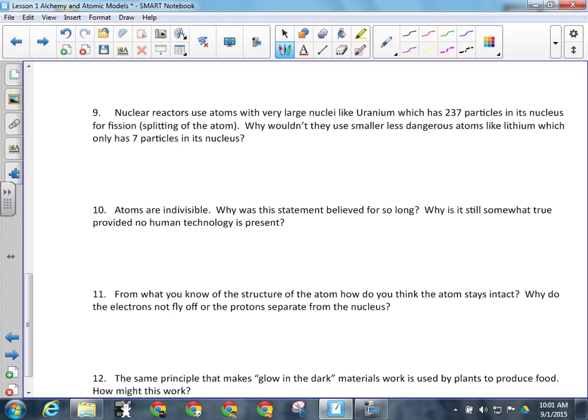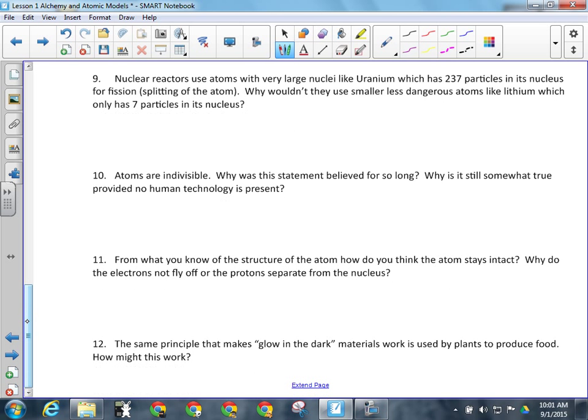All right. Number 10, atoms are indivisible. We already talked about this. We know that statement's not entirely true given proper human technology, because we can shoot small particles at atoms and cause them to split if we're using the right atoms. All right, number 11, from what you know of the structure of the atom, how do you think the atom stays intact?